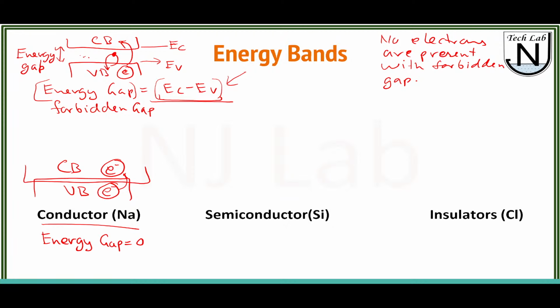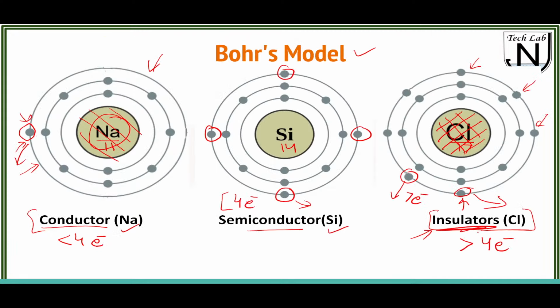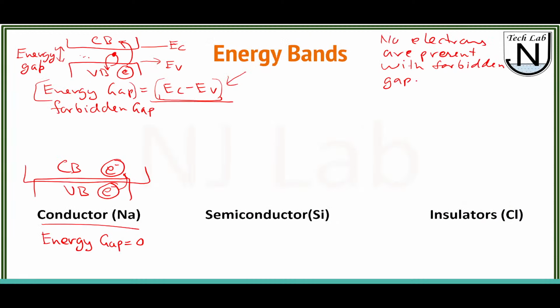Right, now coming to the insulator, as we discussed in the previous one, all the electrons in the outermost shell are tightly bound, meaning very high energy is required to move these electrons from the valence band to the conduction band.